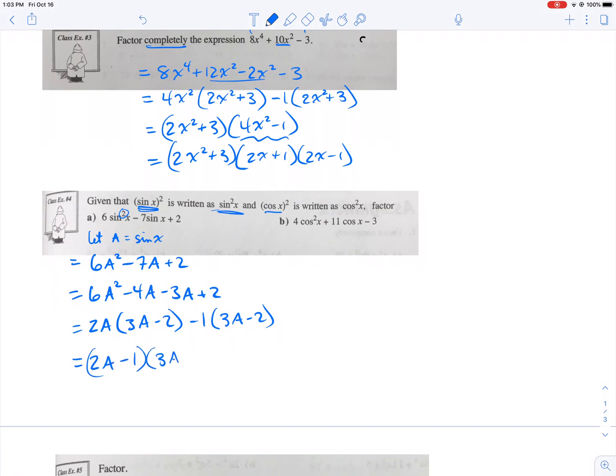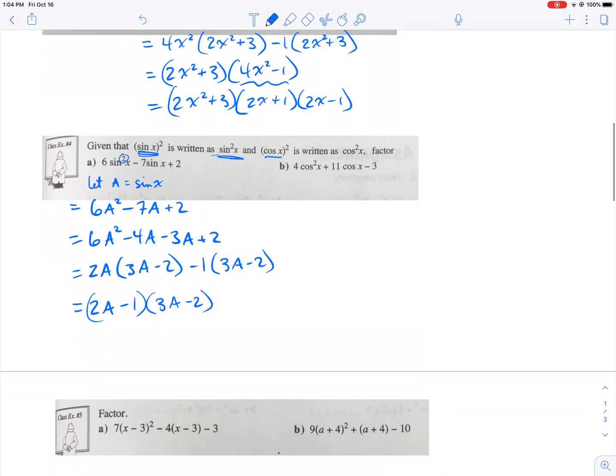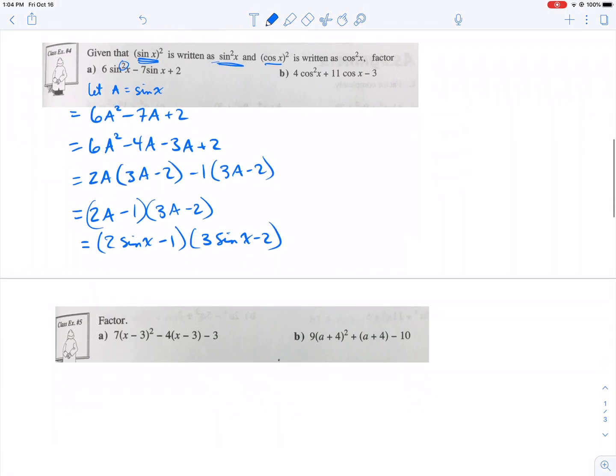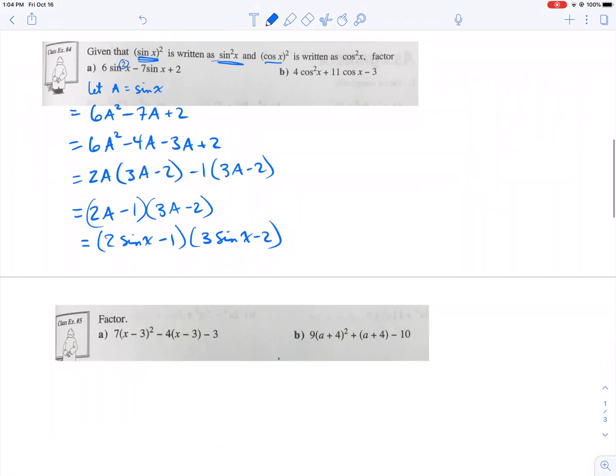Some of you might be faster than me, which is great. Feel free to pause when this is happening, right? Pause and finish the problem yourself and see if you get it right. There we go. All right, well, the next one's very similar, so we're not going to do that.